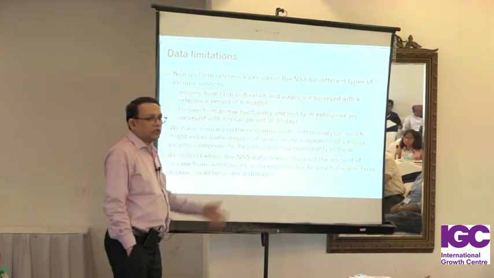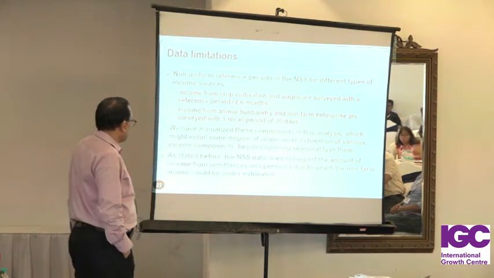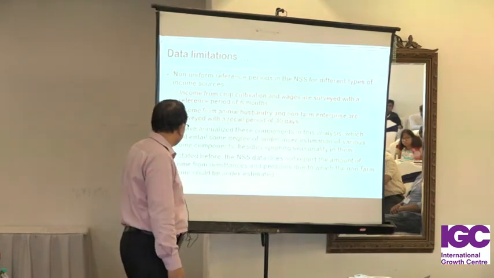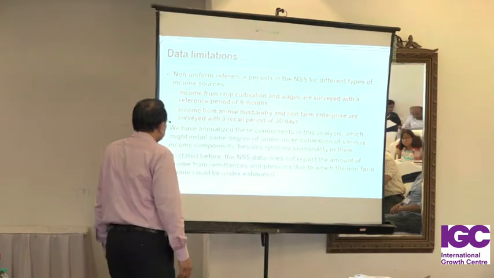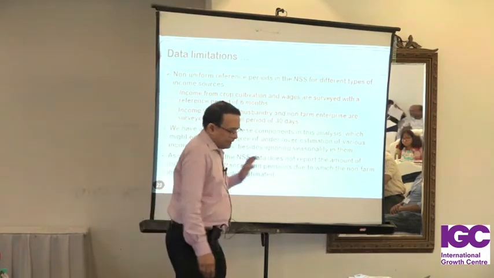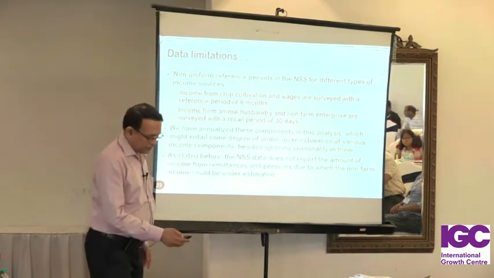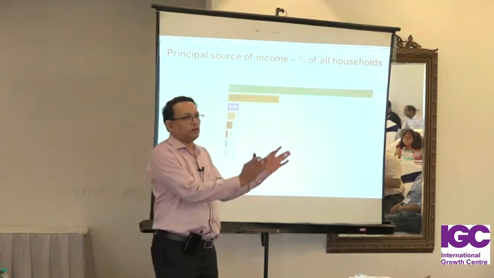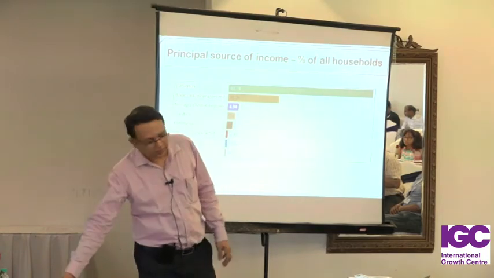So those issues cannot be handled. We simply have to accept it as it is, and so these are some of the important limitations. So keeping that in mind, I will now show what the data tells.